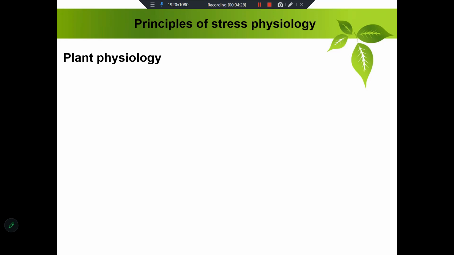So in physiology, we are talking about different processes. They can be related to the survival of the plant, and also the growth of the plant, and also the development of the plant.